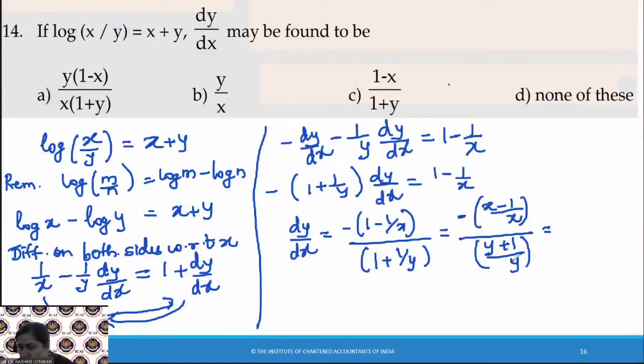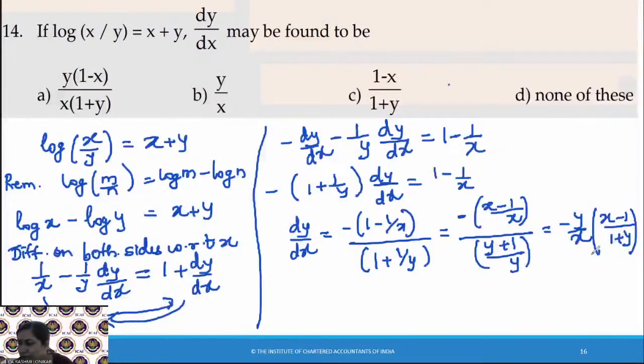So this is equal to, now we know that this will be equal to minus y upon x, because this x and y will flip, the denominator will come in the numerator. Minus y upon x, what will I have over here? X minus 1 upon 1 plus y.